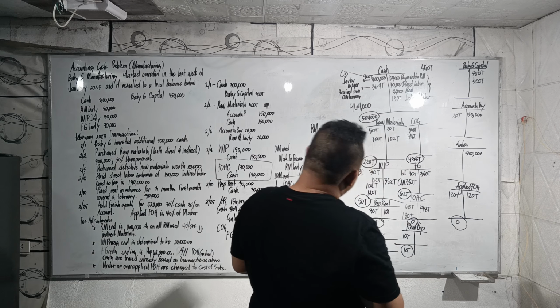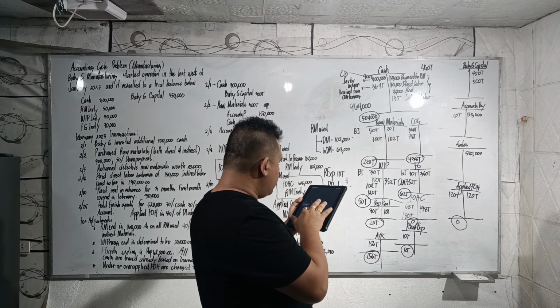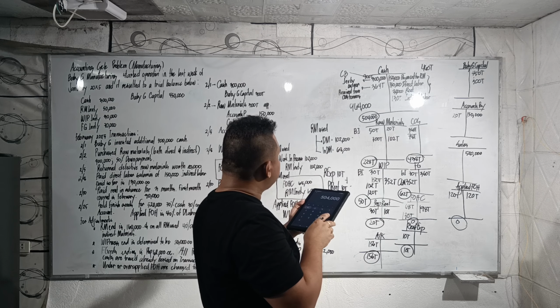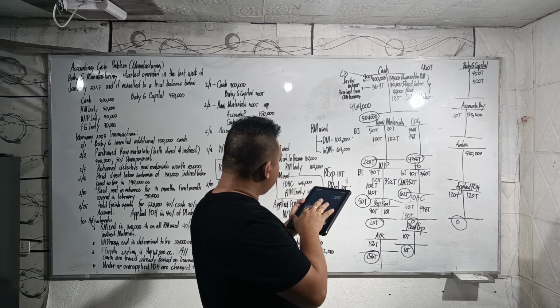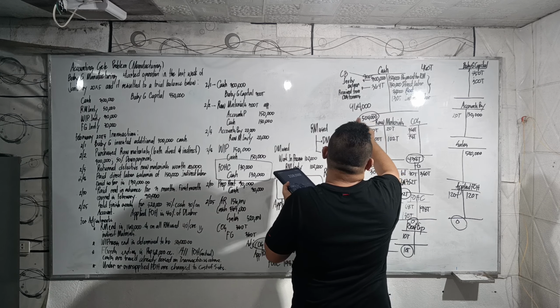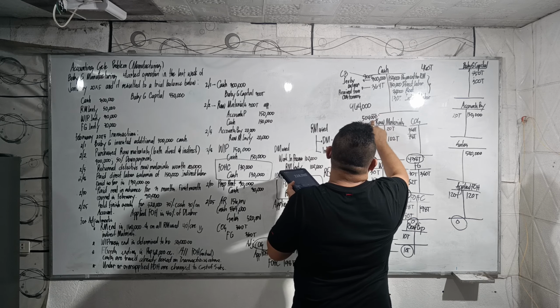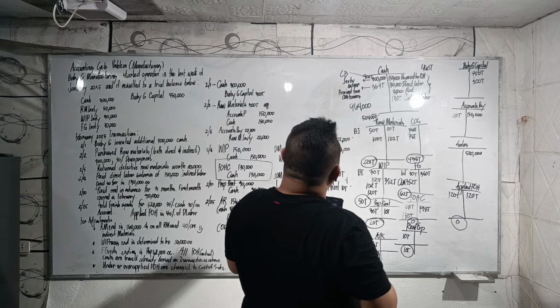I guess those are the debits. Let's compute first all of the debits. So starting with cash, we have 504,000. No, you have 228. I'm sorry, I missed encircling this.